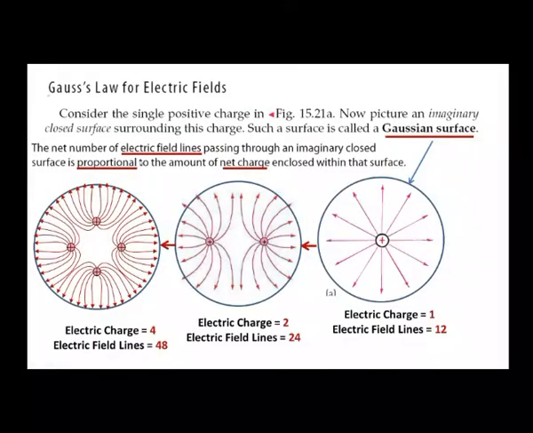And then Gauss's law for electric field. This is just another way of looking at the number of electric fields as the number of charged particles increases, or as the net charge is increased. So if we have here a single proton, we only have, let us say, 12 electric fields.